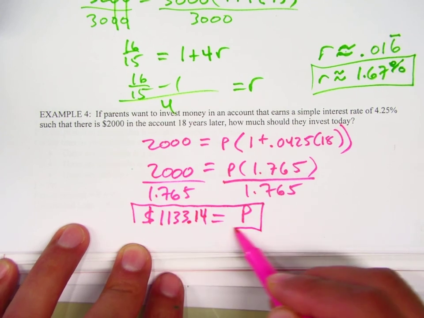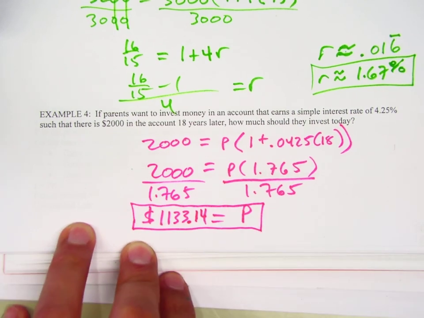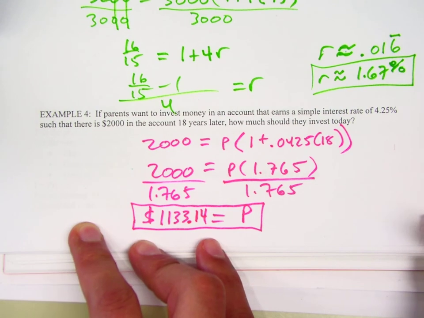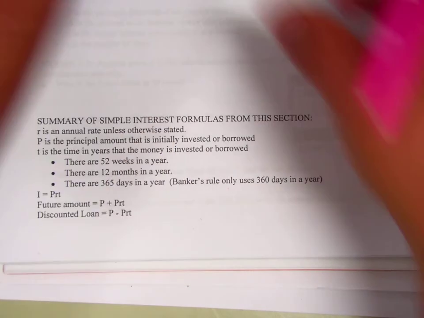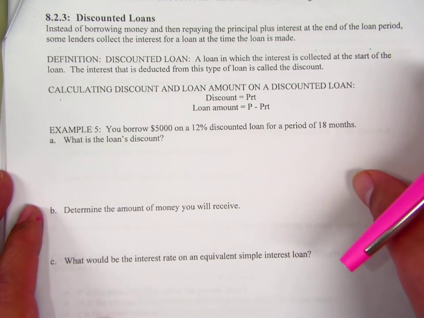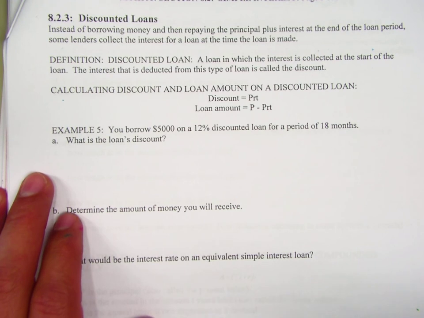Okay. Any questions on the two equations we've learned? Interest equation, future value equation, and then how to just plug stuff in and work backwards to figure out missing details. Okay. And the last thing is called a discounted loan, which is kind of weird if you think about it, because a discounted loan works backwards in the sense that you pay your interest right away as opposed to paying it over time. So what they'll do is deduct the interest from your loan amount.